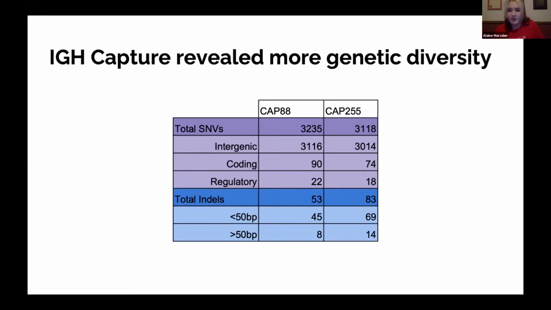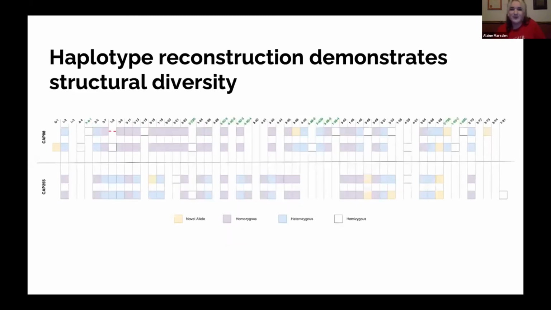And with all of this data, we were able to construct a schematic of the loci in these individuals. So what you're looking at here is CAP88, CAP255, having rows of boxes that represent chromosomes, and each box represents a gene position. The color of the box represents whether they're homozygous, heterozygous, or hemizygous at the position, or whether there was the presence of a novel allele.